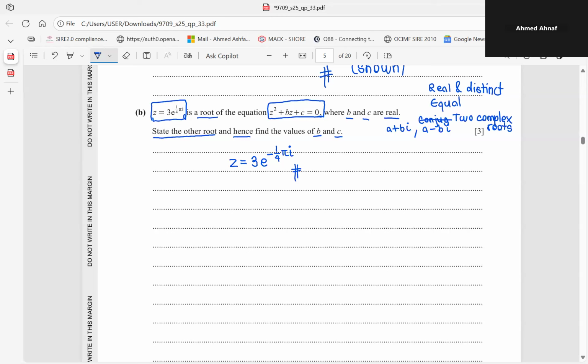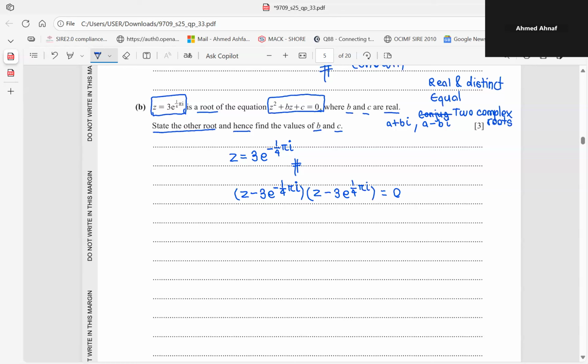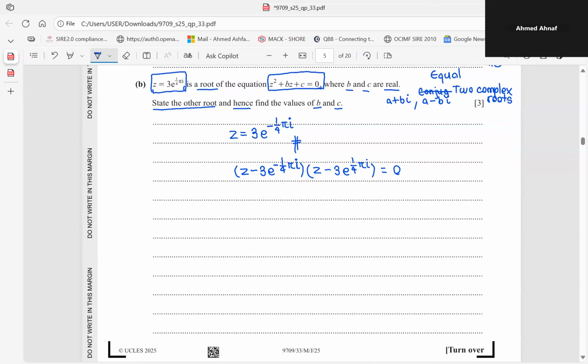So this would give us z minus 3e to the power of negative 1 over 4 pi i, then times, for this one, you can also move it to the left-hand side, z minus 3 times e to the power of 1 over 4 pi i. You can make this equal to 0. Okay, now let's expand everything. So z times z, that's z squared.